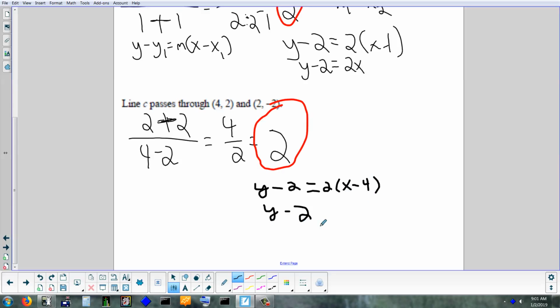I did 2 times x, which gave me 2x. 2 times -1 gives me -2. One more step: y has to be by itself. What do I have to do to get y by itself? Add 2. Now, on the right-hand side, do I add the 2 to the 2x or to the -2? Why can't I add it to the 2x? What doesn't it have?